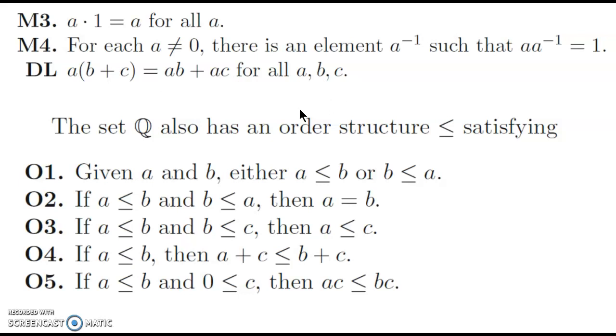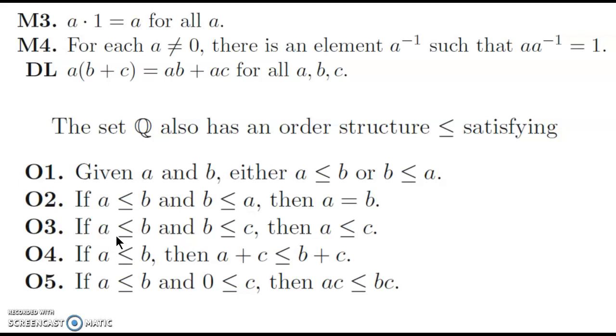The set Q also has an order structure, satisfying the following properties. What is the first property regarding the order? Let me call it O1. It says given a and b, either a less than or equal to b or b less than or equal to a. Second property, if a is less than or equal to b and b is less than or equal to a, then a is equal to b.